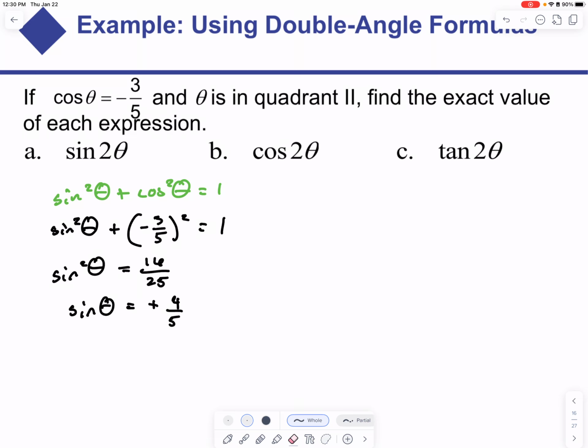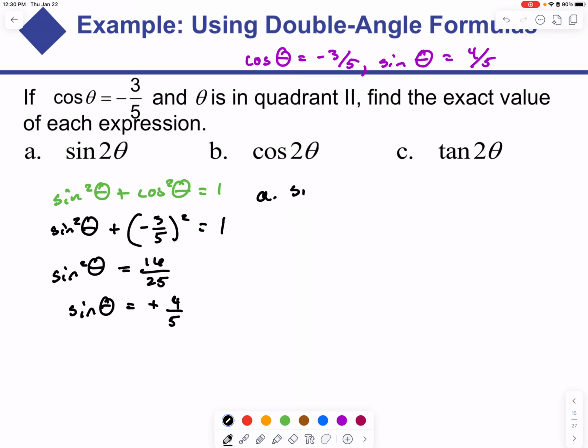So our claim is that cosine of theta equals a negative 3 over 5. And then sine of theta equals 4 over 5. Okay? So then if we're working A, I'll just start A here.